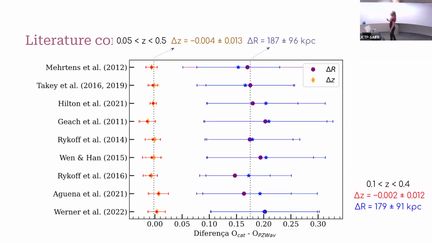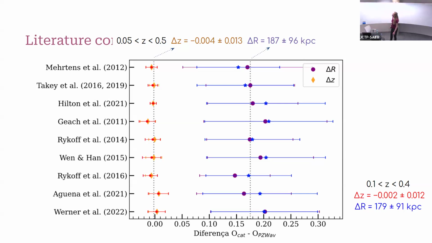And here, just a comparison between centers and redshift offsets. The center depends also on the way you are considering the center by the algorithm that you are using. So is that the BCG, or the X-ray peak, or I don't know, the overdensity like in PZWav. So it's quite hard to compare them. That's okay.